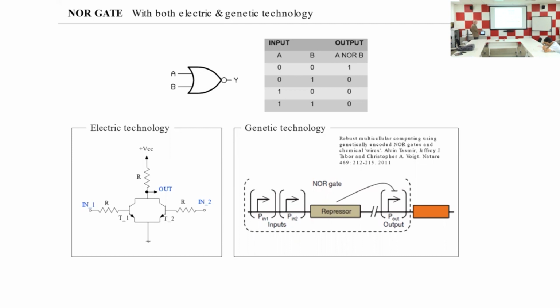So whether we have one or the other, we have repressor, and then the repressor will repress this promoter here, and therefore we have no output. But if none of these promoters are active, then there's a chance, and then this downstream promoter will work. Okay, and you have a formal equivalence with electronic technology.